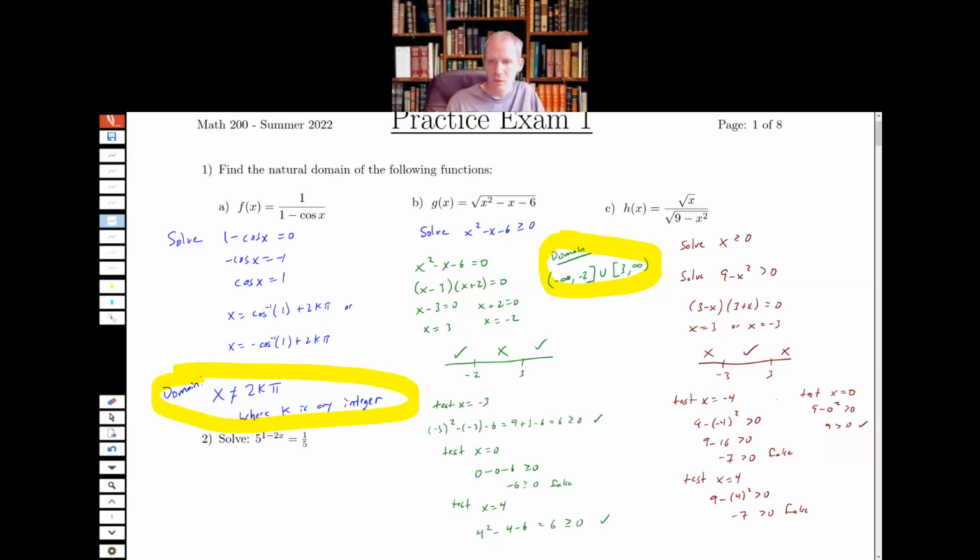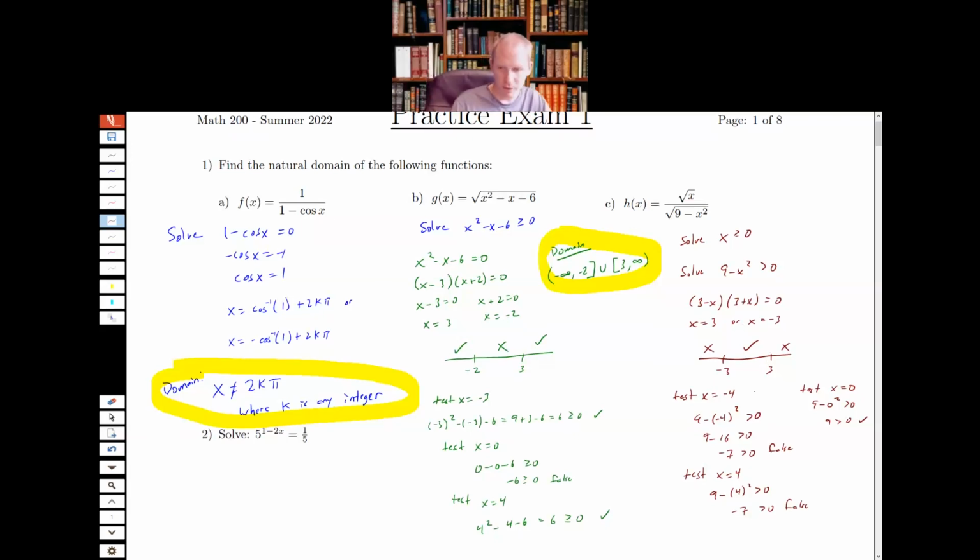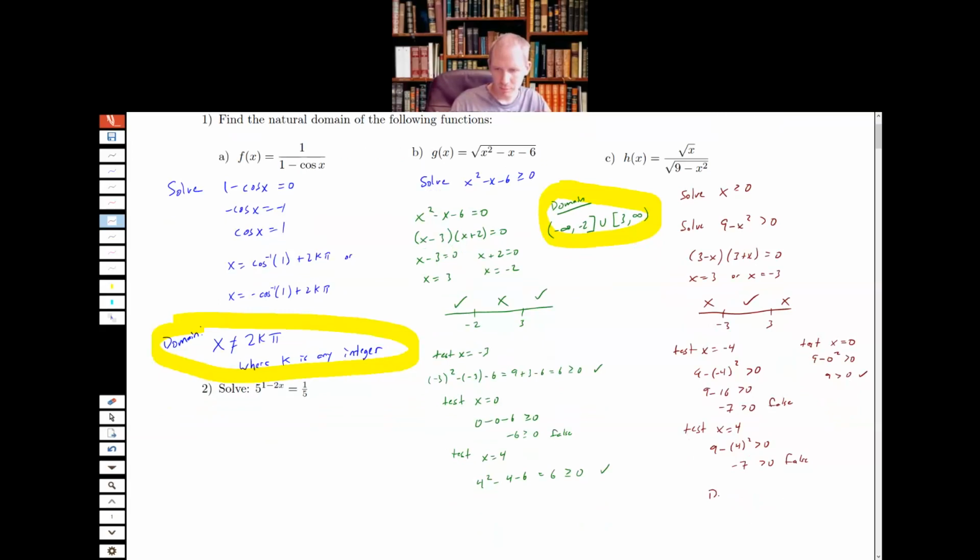Okay, so putting this together, I need my x values to be greater than or equal to 0, and then also less than 3. So my domain is from 0 to 3. I don't include the 3 because it'll give me a 0 in the denominator, but I do include the 0.